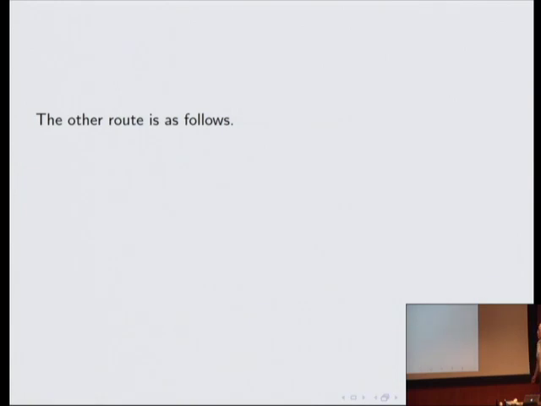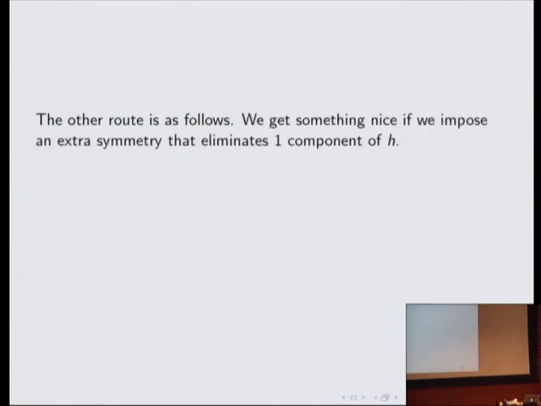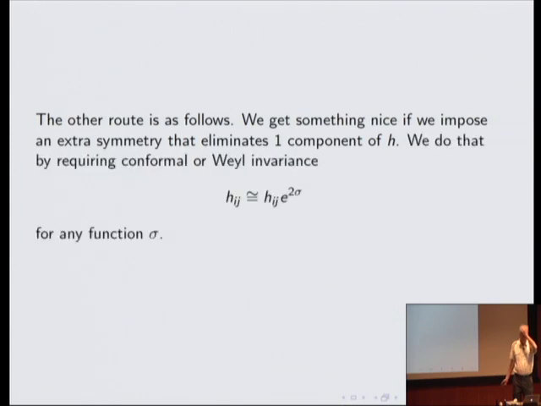The quicker route is as follows. We impose an extra symmetry that eliminates one component of the metric. We do that by requiring conformal or Weyl invariance. We say that the metric h is considered equivalent to h times any positive function, which I'll write as e to the 2 sigma, where sigma is any real function.